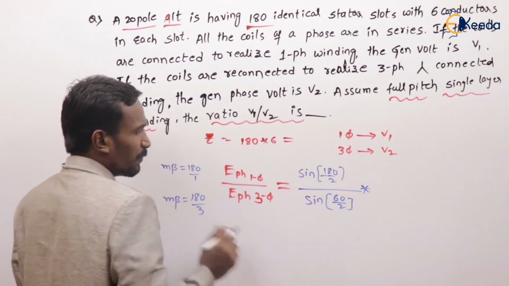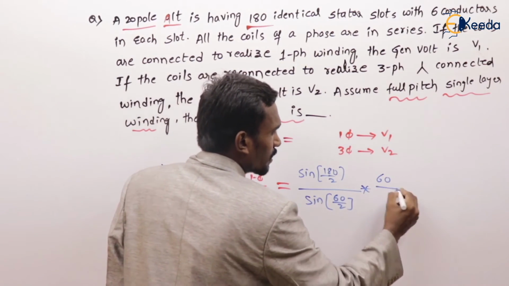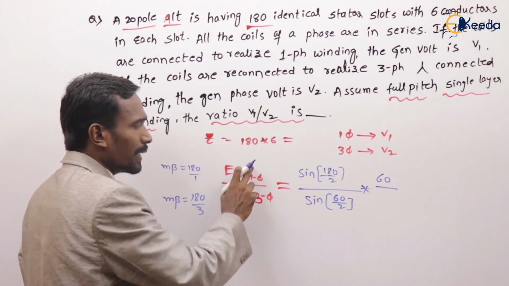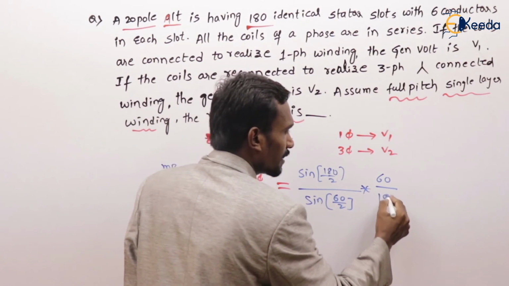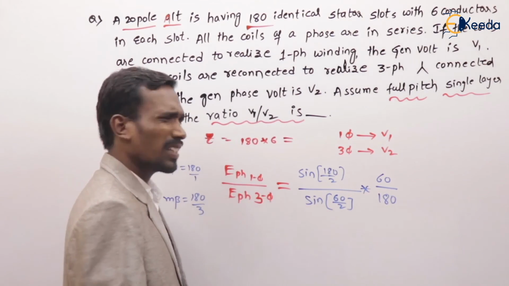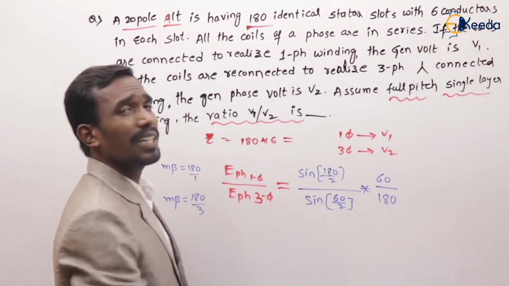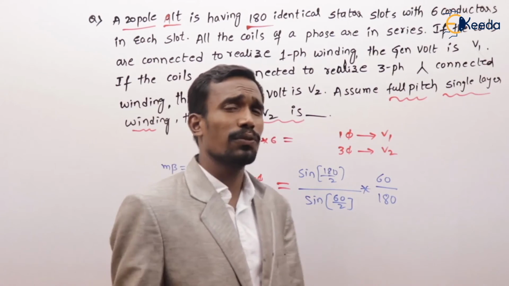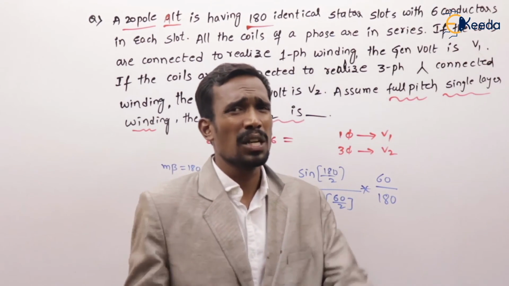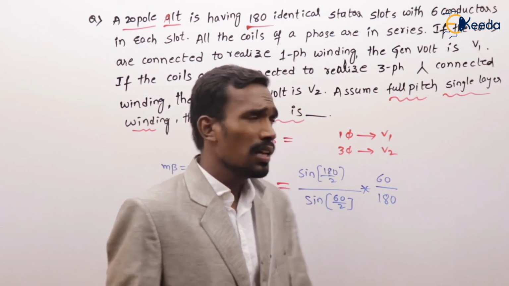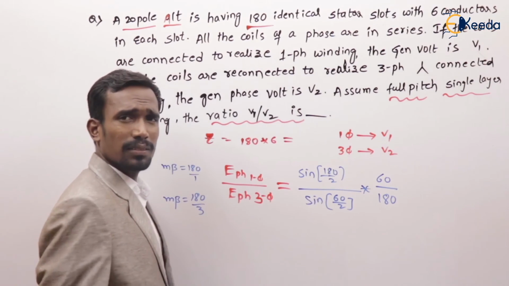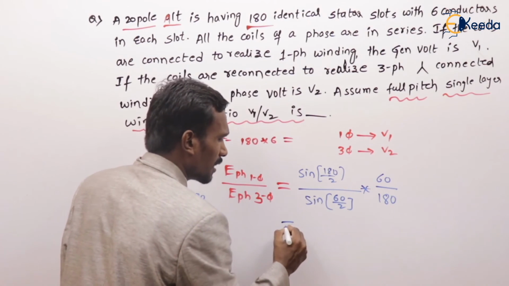What is m beta for this? 60 divided by, what is m beta for this? 180. It's the answer. No need to find out the conductors, then find out the EMF for single phase, then after that three phase. No need to do all that. Actually, we have the formula. So now tell me what is the answer?